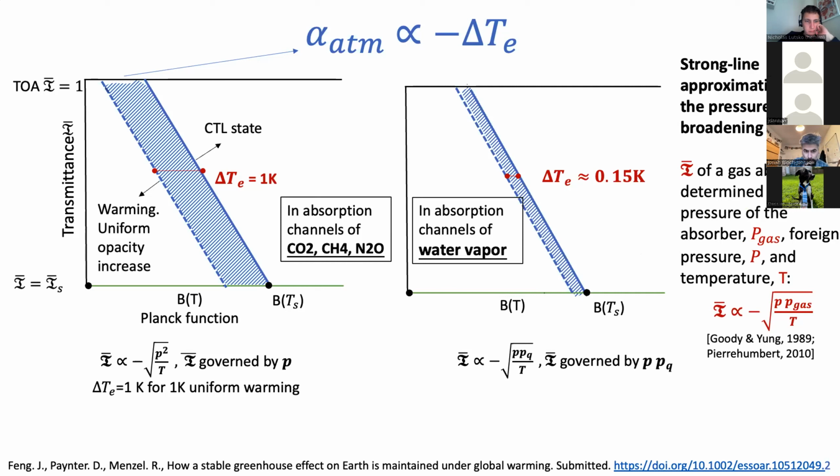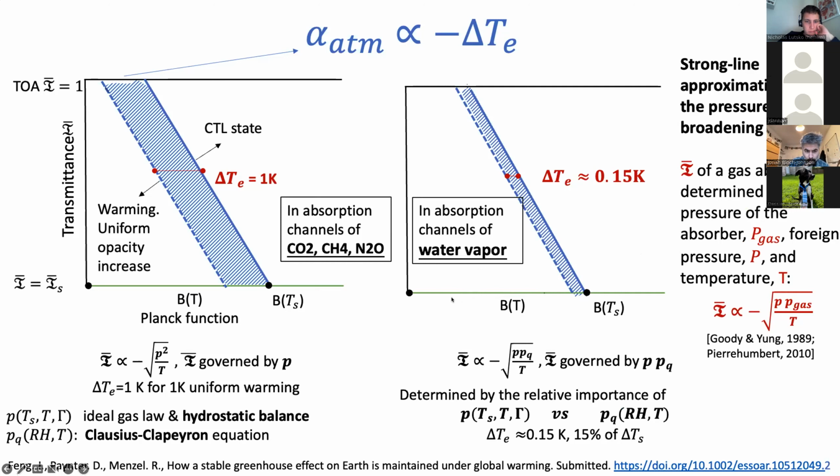And because of this foreign pressure dependence, the line would have to shift left, and the magnitude of delta T sub B would depend on the relative importance of foreign pressure and vapor pressure. It can be analytically solved if lapse rate and surface temperature are given. We find it equals 0.15 Kelvin in strong absorption lines of water vapor.